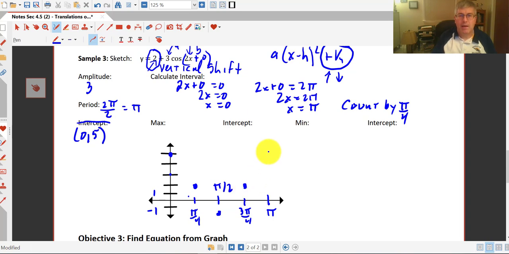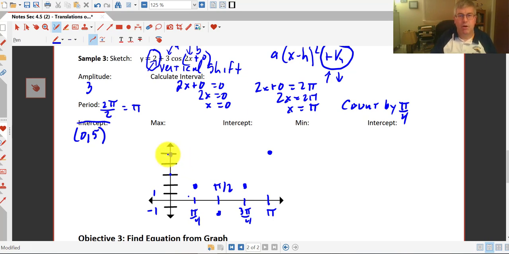And at pi, we're going to be back up at 5. So we've taken this graph with a magnitude of 3 and we've shifted it up 2 units. So our minimum now is -1 instead of -3, and our maximum is up at 5.